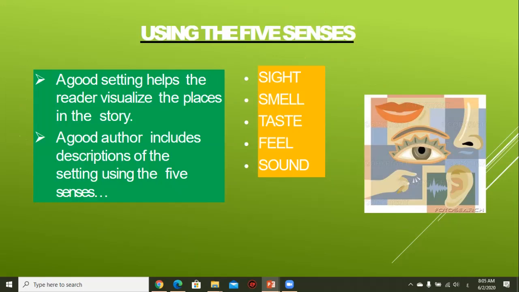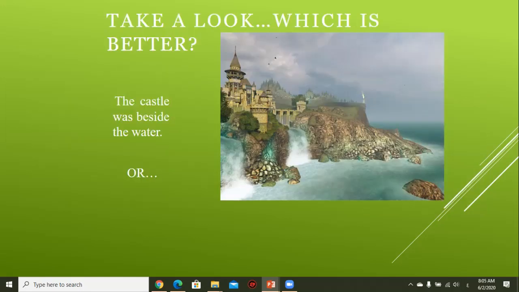We should use the five senses in introducing a story. A good setting helps the reader to visualize the place in the story. Also, it gives us a full senses feeling that I can see it and smell it as if I'm living with the characters.